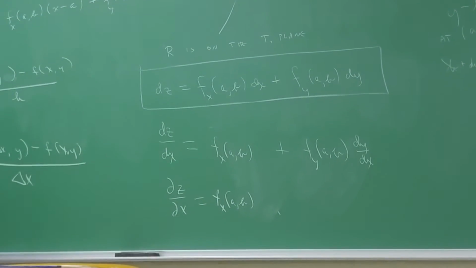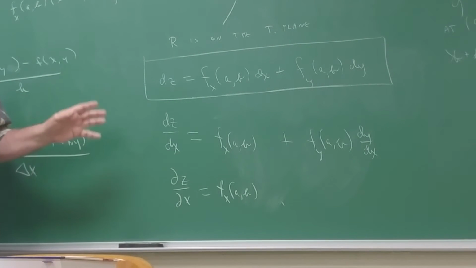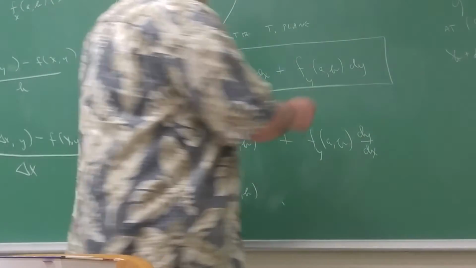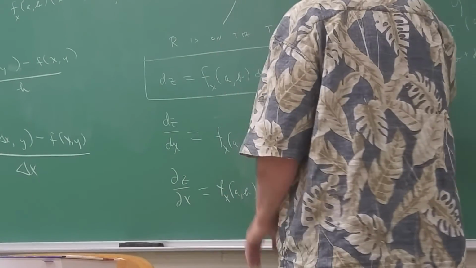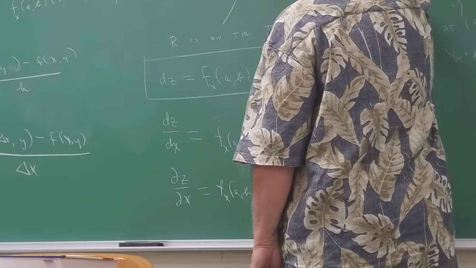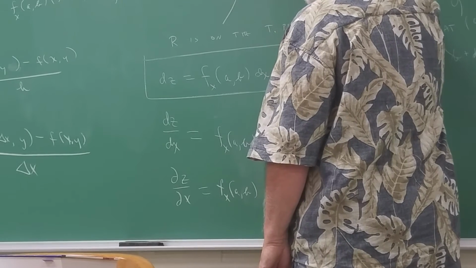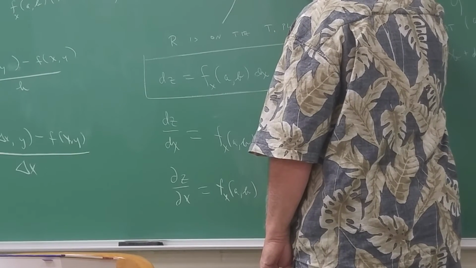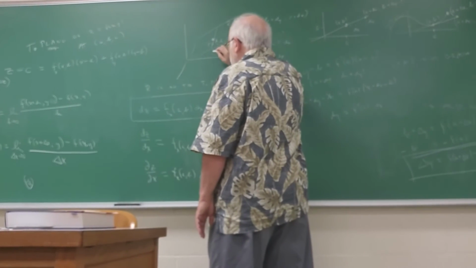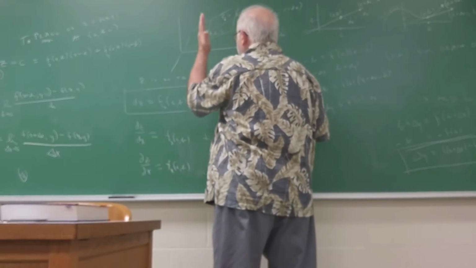And that's it. In other words, I'm using dx, dy, dz to go any direction I want to. But if I'm thinking about this line right here, then the change in x is del x, the change in z is del z, and the change in y is zero. But we're staying on that line. I'm staying on this constant.